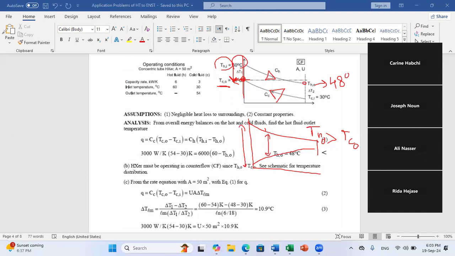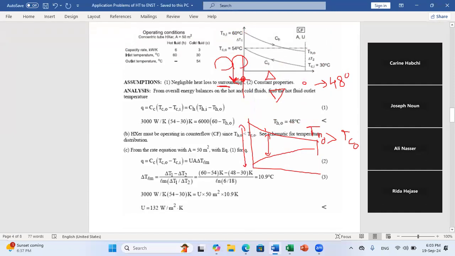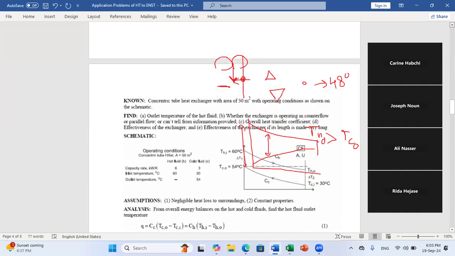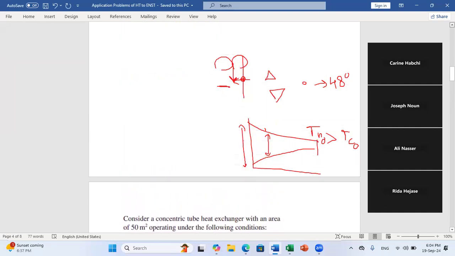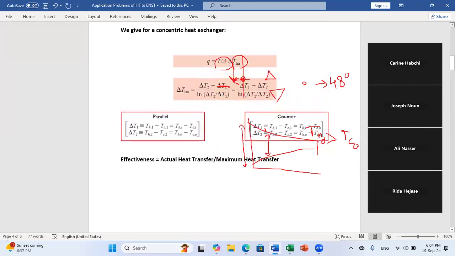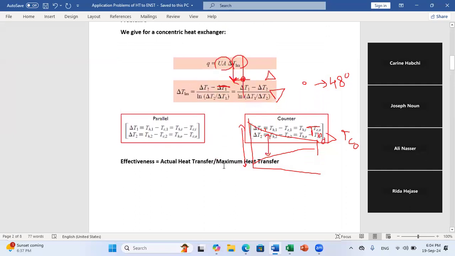If we go back to the formulas, the effectiveness represents the actual heat transfer over the maximum possible heat transfer. So first, to be able to answer this question, let us think together what is the maximum possible heat transfer. We know that heat transfer is calculated as big C, or m dot C, times delta T.